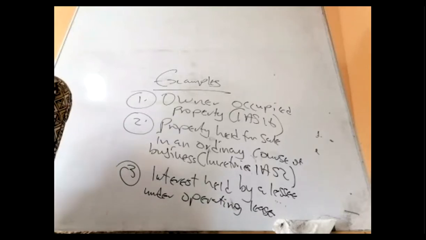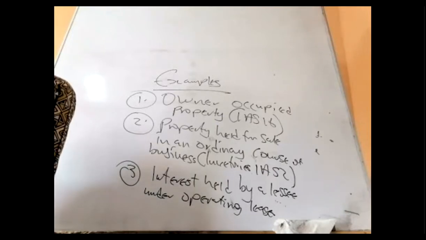Before we can allow you to record investment property in your books, you should own it. You should have control of the asset, and the benefits should flow to you before you can record it in your books. You are the one doing the construction, but that doesn't mean it belongs to you. So it must flow to the owner.